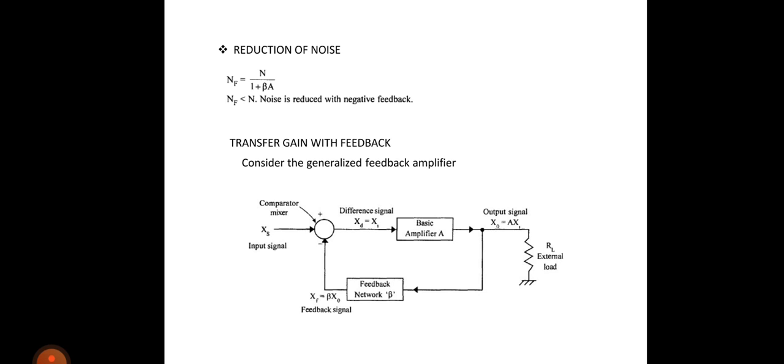Here A beta, or mod A beta, the product of feedback factor and amplification factor, is called the return ratio. The difference between unity and return ratio is called the return difference, that is D equals 1 minus of minus A beta, equals 1 plus A beta.